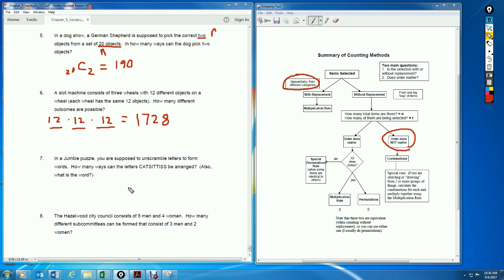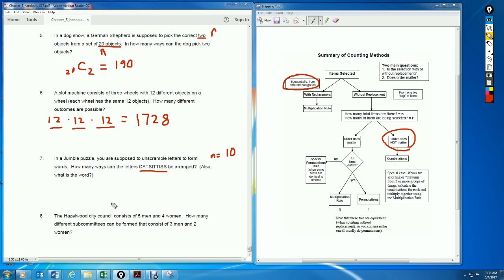All right, number 7, jumble puzzle. You have to unscramble the letters. How many different ways can these letters be arranged? So first of all, count up the total number of letters, and you should see that there is a total of 10 letters. However, they are not all distinct.